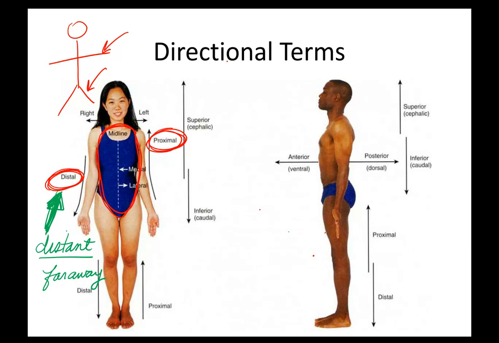Let's go with the other limb. Excuse me, let's go with the leg. So with the leg, let's go with the thigh and the ankle. So if I were to say the ankle is blank to the thigh.